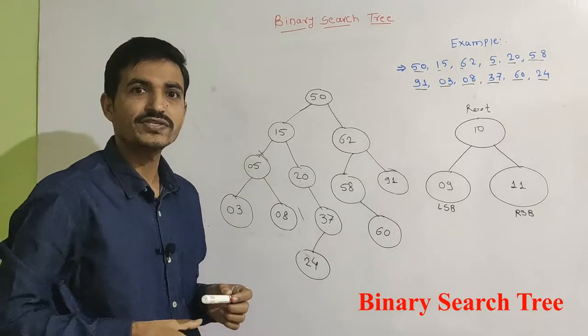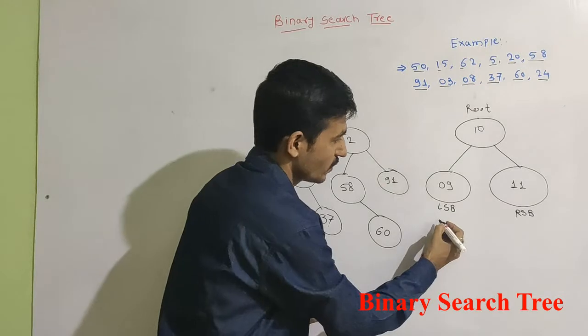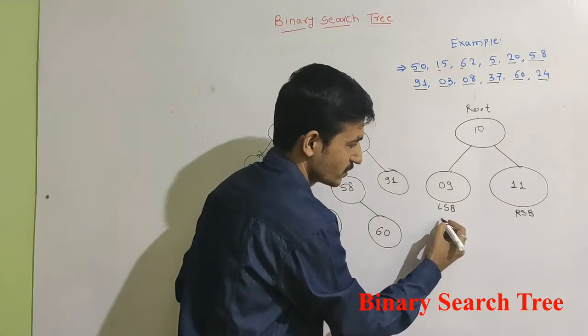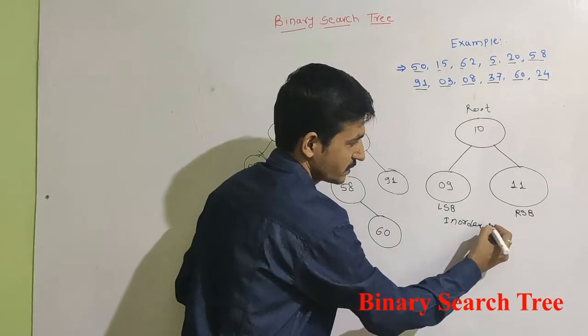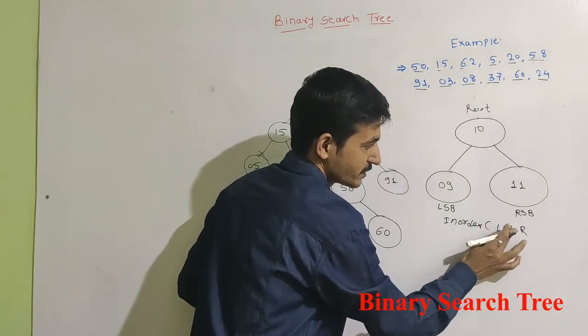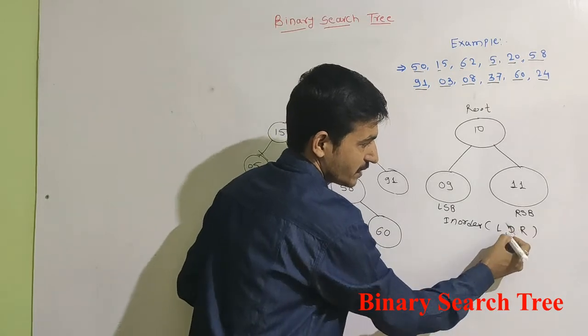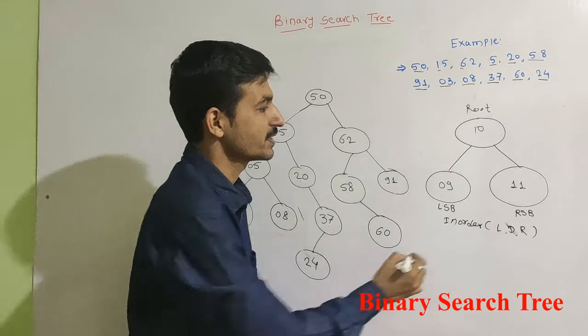We know that in in-order traversal, the root should be visited in the second slot. So the in-order sequence is: first it visits the left side, then it visits the root, and then it visits the right side. Here I write left, data and right. So first it visits left and then data.